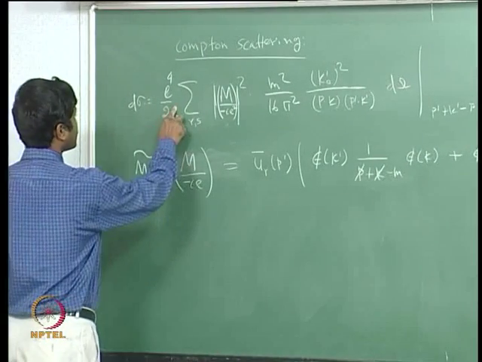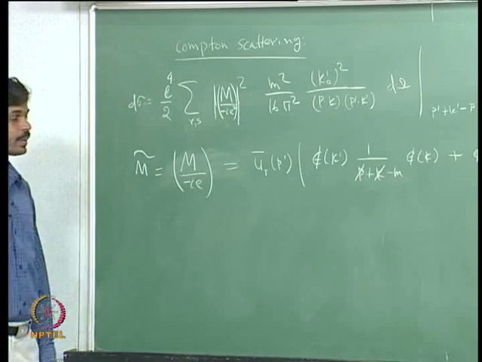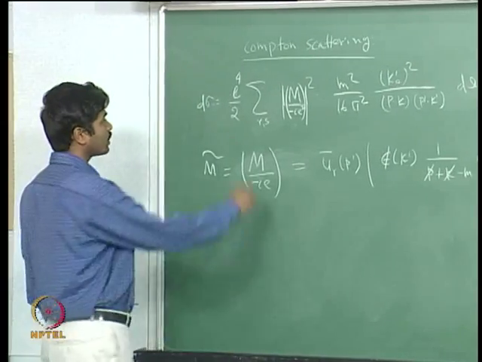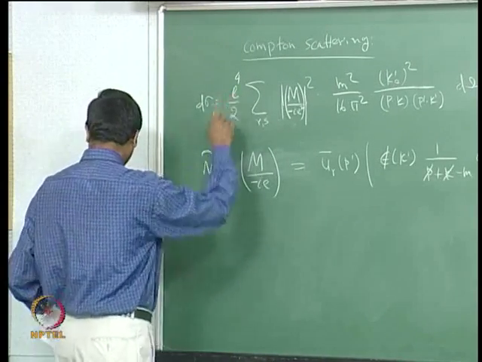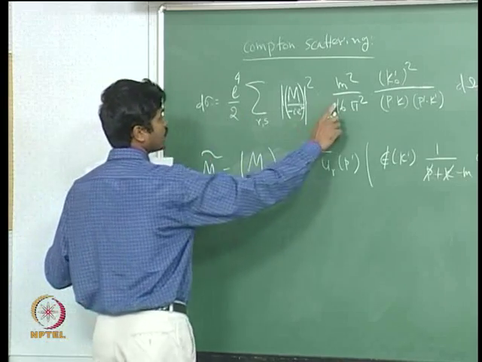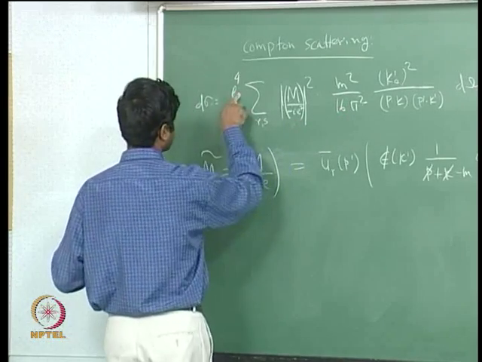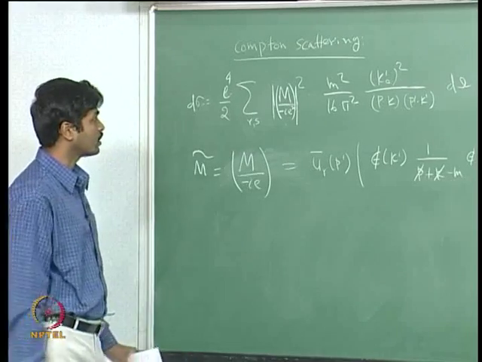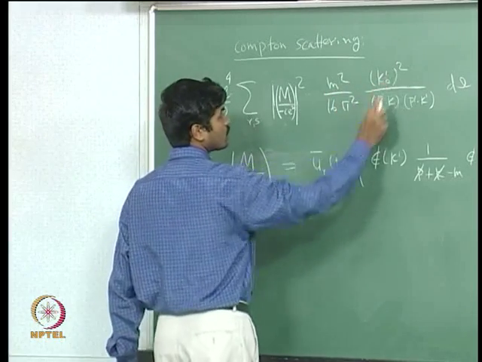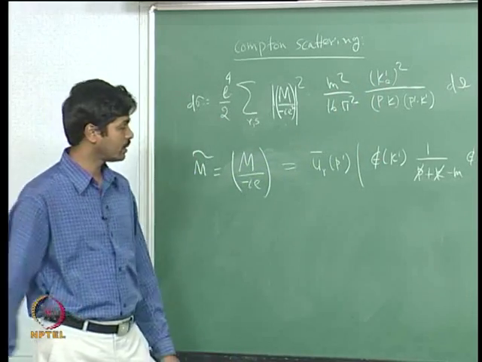Then in the formula for the scattering cross section, what you get is alpha squared divided by 2 instead of all these things. You simply get the square of the fine structure constant, and then here you have m squared k prime squared.